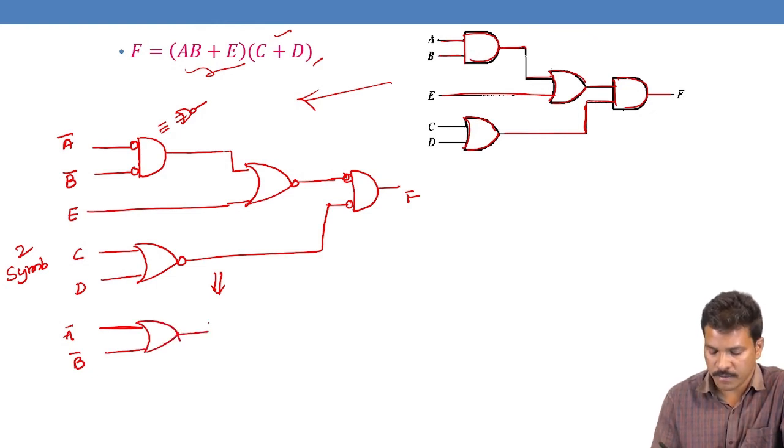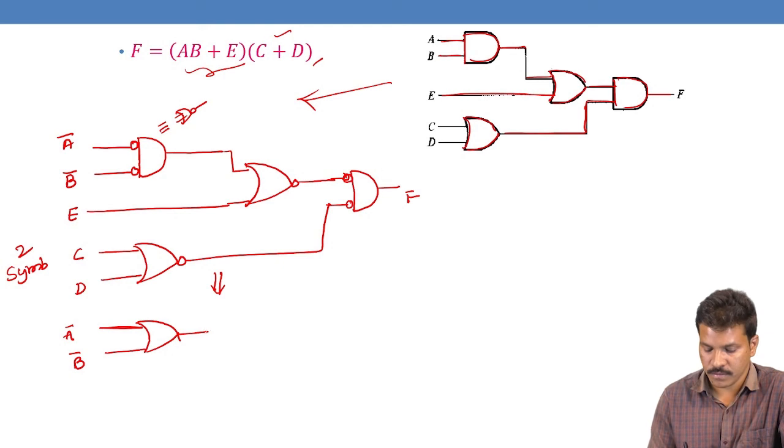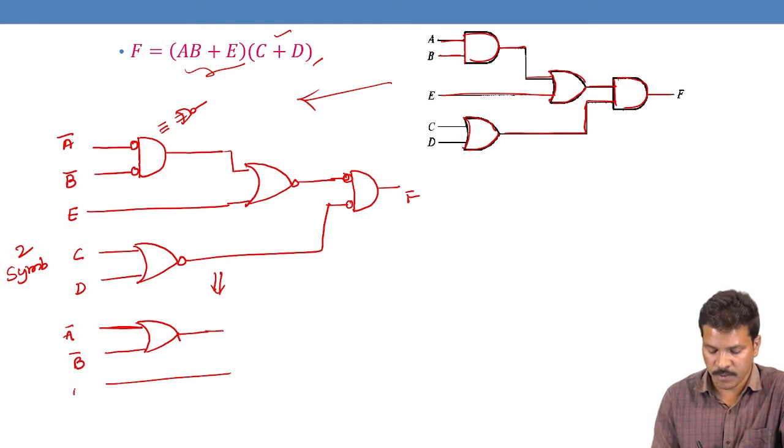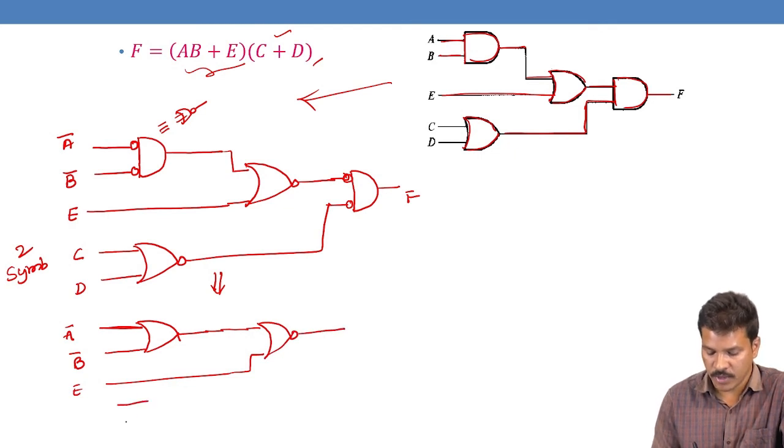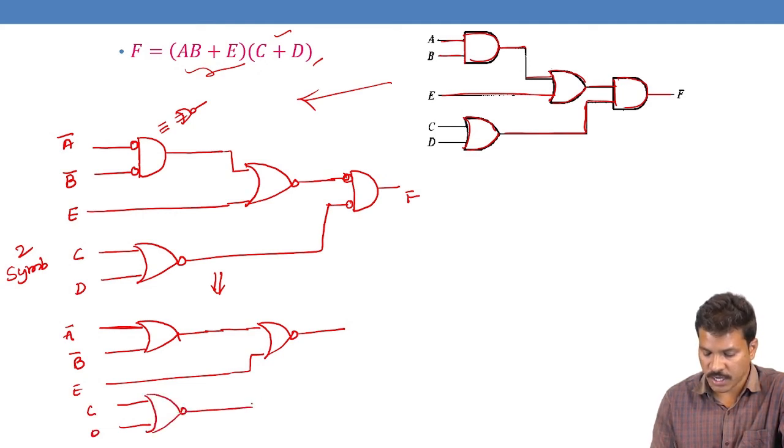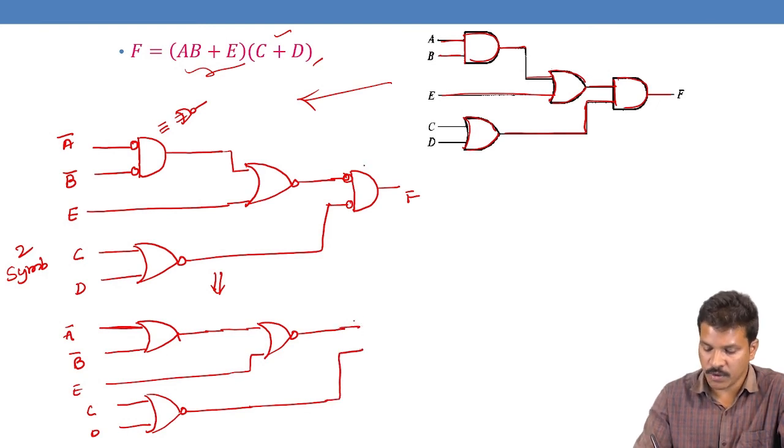NOR gate. And this is the input E. Already it is an OR gate, and the circuit below is also already an OR gate. This NOR gate output is given to a two-input NOR gate.